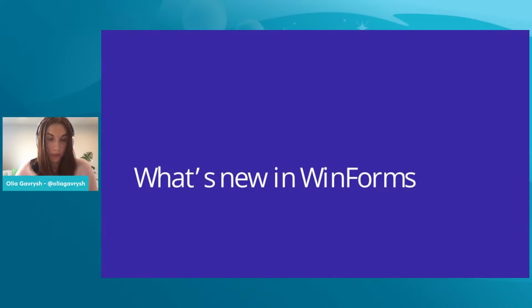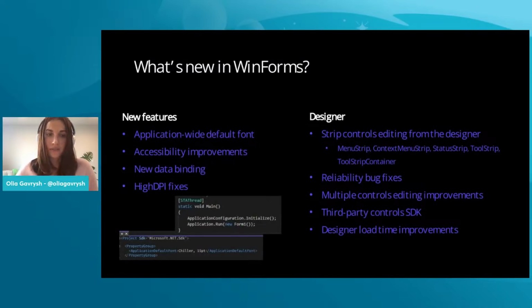Now let's talk about WinForms. So what is new in WinForms? We got some new features. We got application-wide default font. So as you know, probably if you're developing WinForms applications, recently we changed the default font. And for some applications that were written years ago, but they were pixel perfect, that change of the font caused them some troubles.